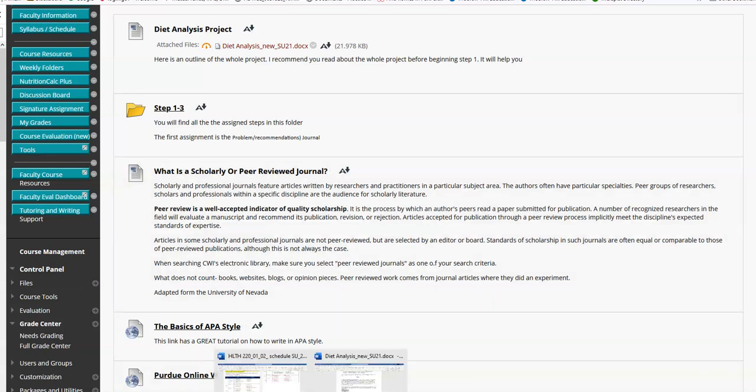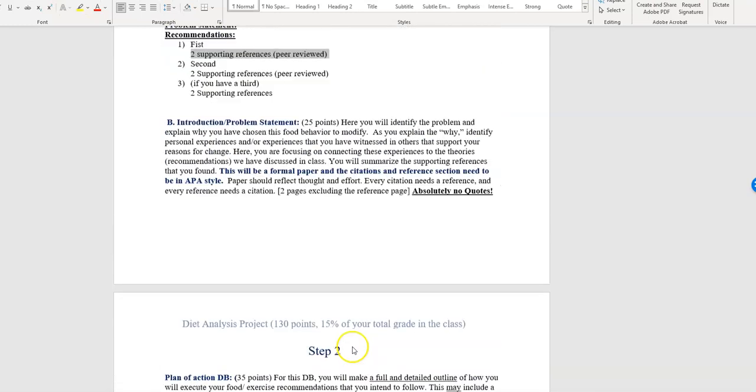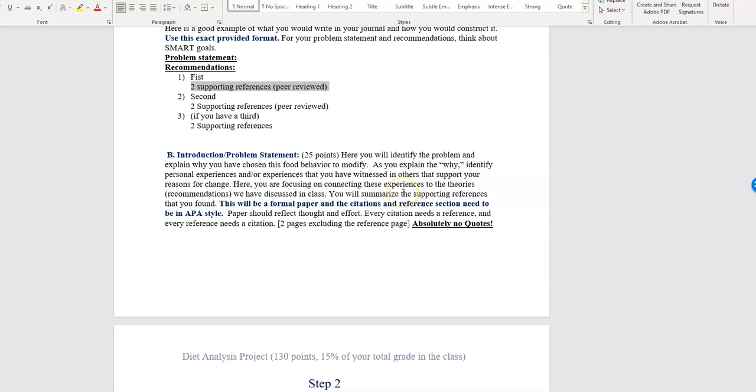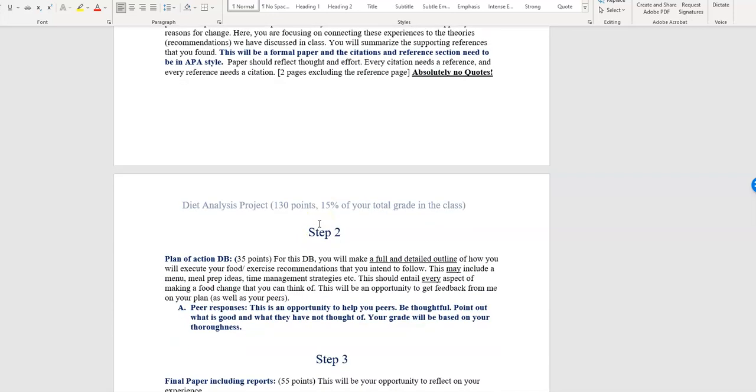The reason why is the second part of this is that you are going to be writing a formal paper and you are going to be discussing these research articles that you looked at. You're going to explain what they found, and so you want to make sure that you have the right articles, or this grade will not turn out very well.